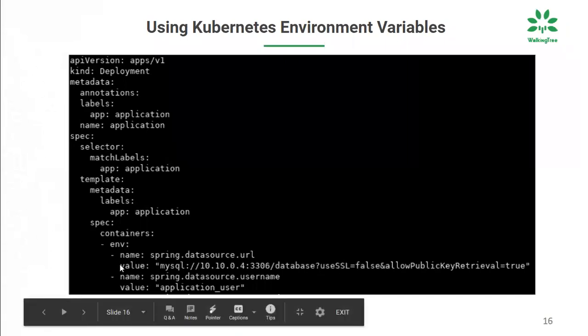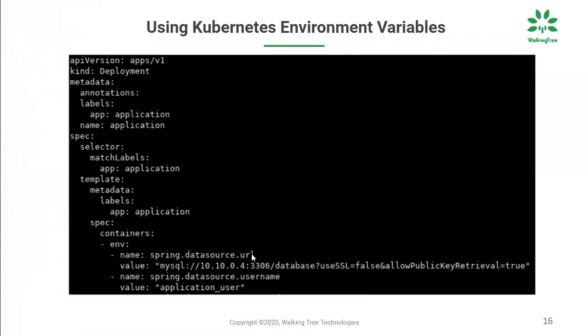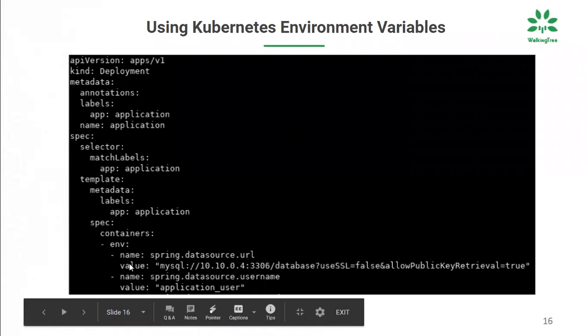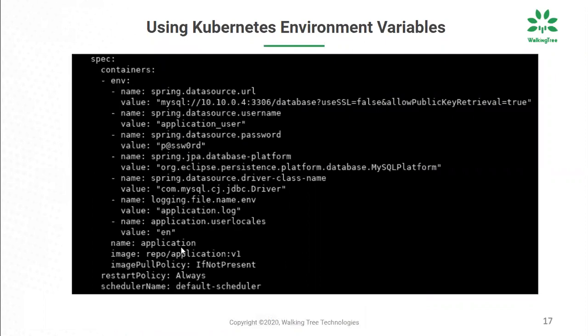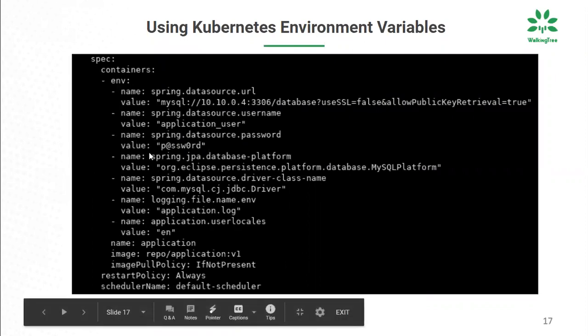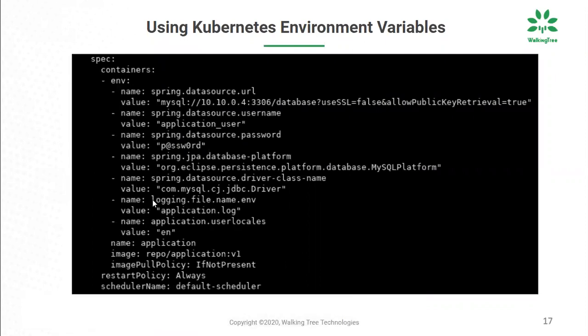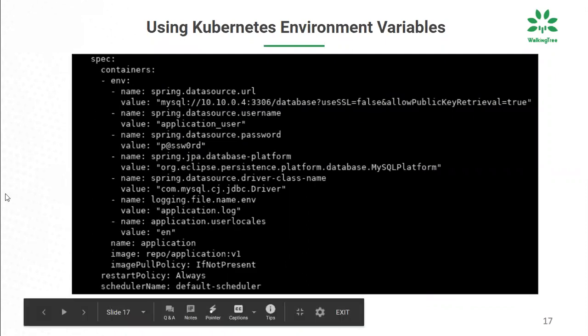If you note, in this case, I'm providing the name of the parameter and the value, so the value is kind of hard coded here. You have the data source URL for which the value is provided, the same for username, and so on for the other configurations: the password, database platform, driver class, logging file name, and user locale. So this is one way in which this can be done.